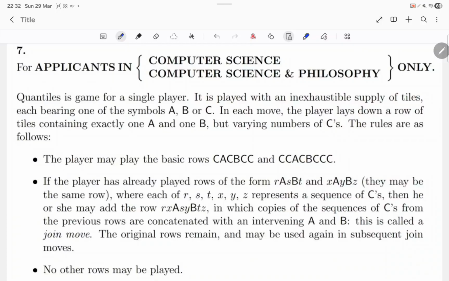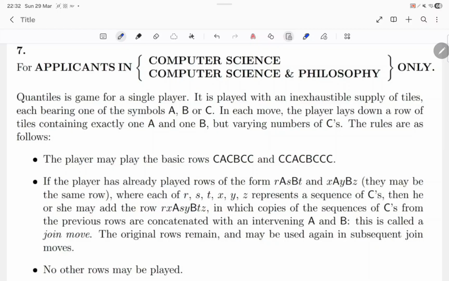If the player has already played rows of the form RA, SB, T and XA, YB, Z, they may be the same row, where each of R, S, T, X, Y, Z represents a sequence of Cs.